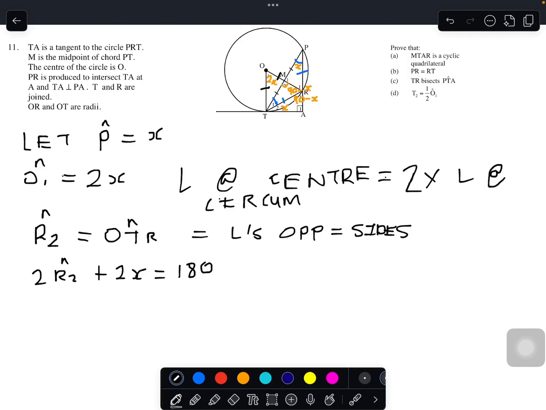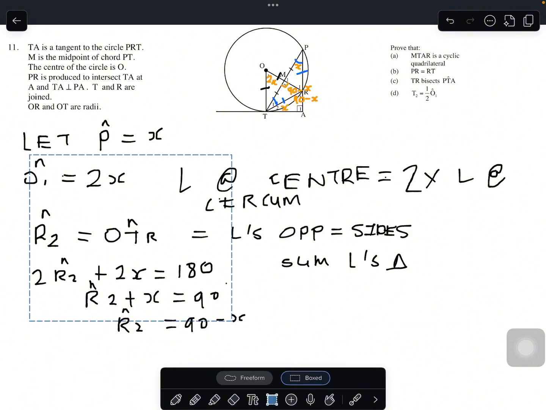We can then divide every term by 2, and then we'll have R2 plus x equals 90 degrees. And then we'll have R2 equals 90 minus x. And the reason for this is sum of angles in a triangle.